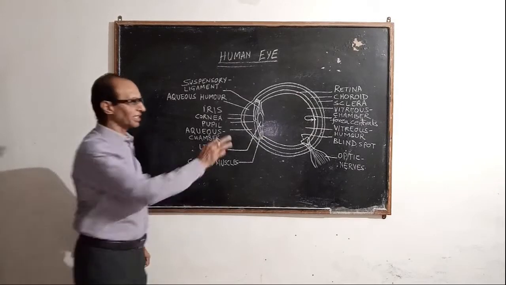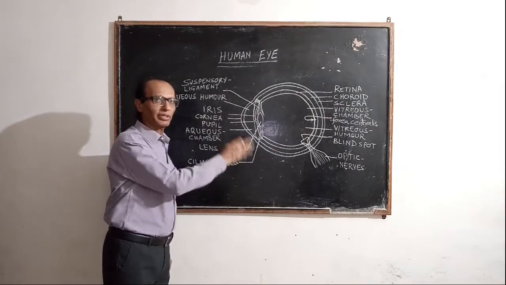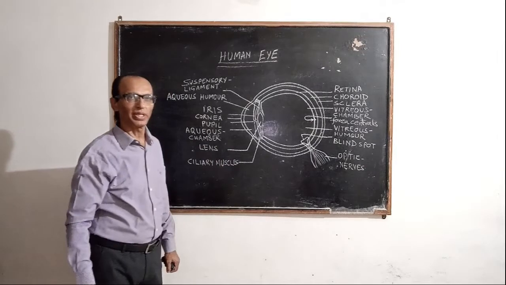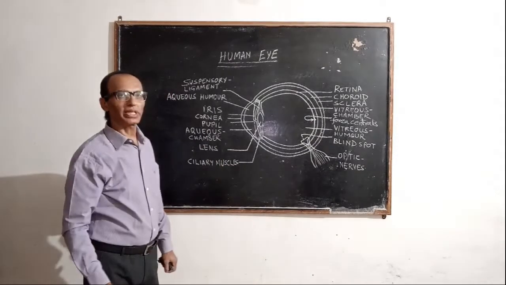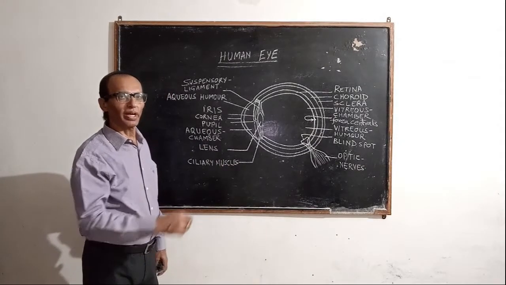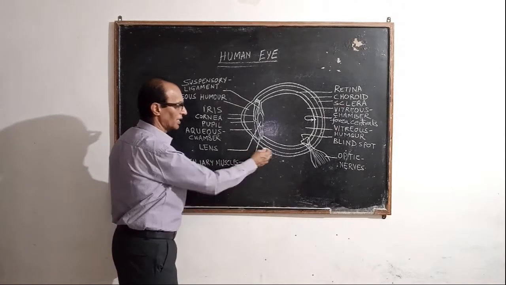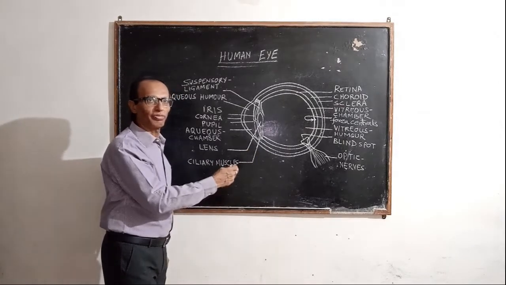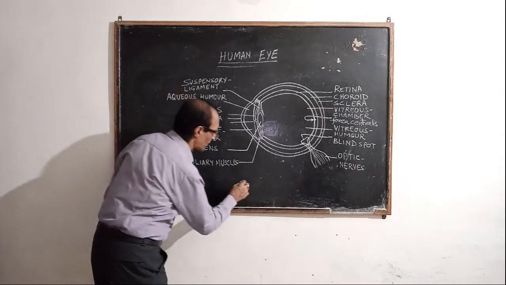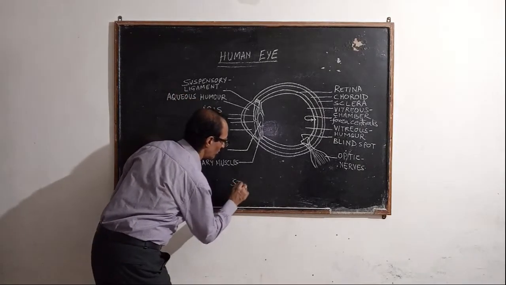When we draw this diagram in our examination, it is important that we write that this is the structure of the human eye. Structure of human eye.